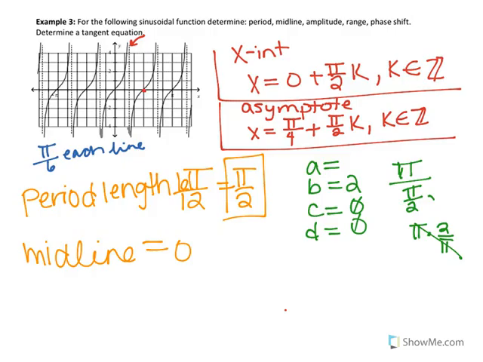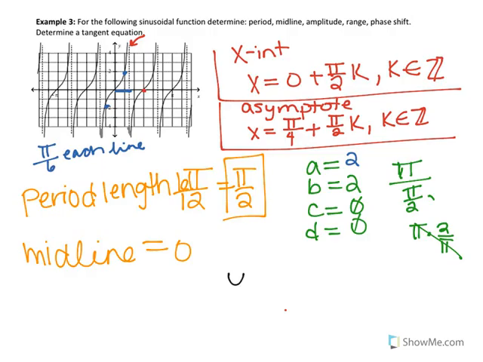The next thing that we will have to do is we're going to see if there's a vertical stretch. So what I'm going to do is I'm going to look halfway between my intercept and the asymptote, and I'm going to see if it hits a point. And this one looks like it hits 2. And down here it looks like it hits at -2, and it's about halfway. So that means my stretch is 2.